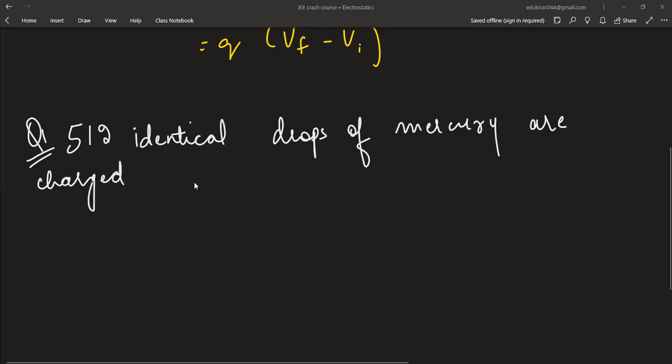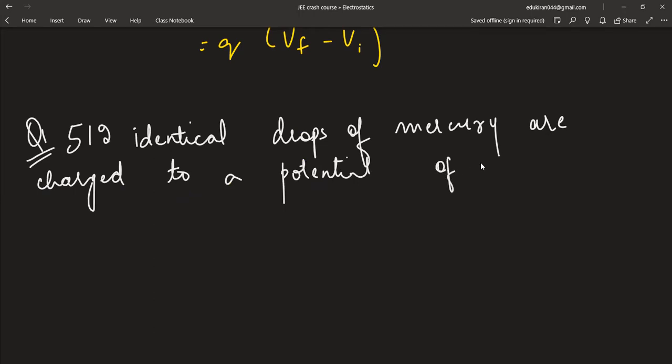So basically this says that do not write down right now. 512 identical drops of mercury are charged to a potential. So complete potential for all these drops, 2 volt, means for a single drop, 2 volt each. Now all these drops are coalesced.